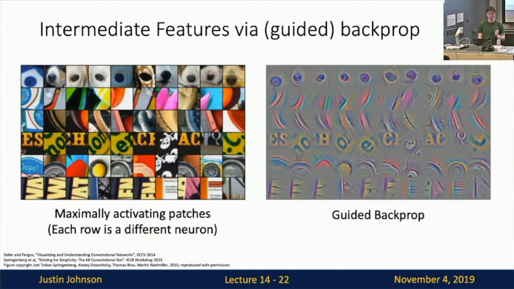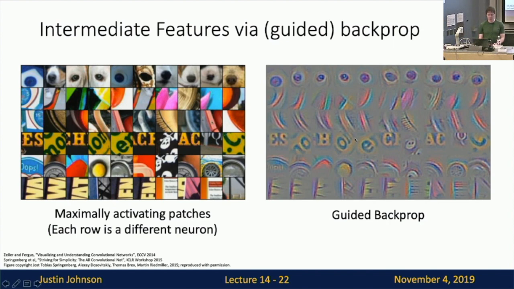So now when we apply guided backpropagation to images, it lets us pick out the pixels of the image that were causing that neuron value to change. Here on the left, we're showing the same visualization that we saw before of maximally activating test set patches for different neurons inside the network. And on the right, we've applied guided backpropagation to say which pixels of these patches actually affect the value of the neuron.